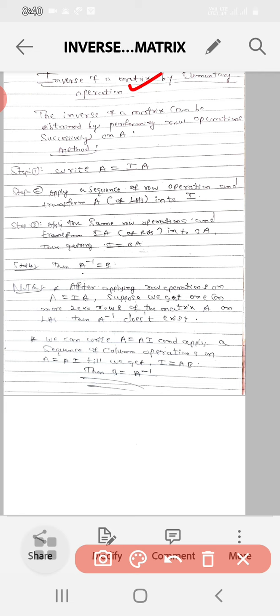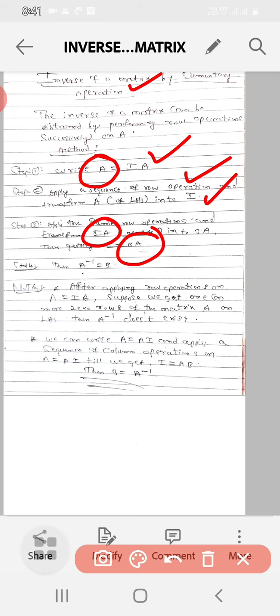So what is the method here? First we have to write the matrix as I into A, then apply a sequence of row operations and transform A of LHS into I. We have to convert LHS into identity matrix, then RHS: I into A should be converted to BA. Then B is the inverse of A.